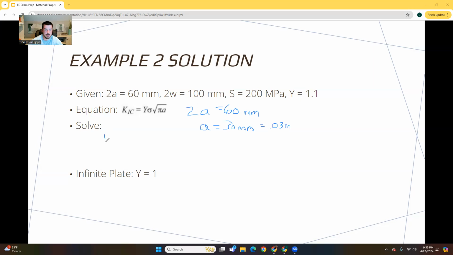So we have K1C is equal to 1.1 times the sigma stress, 200 megapascals, times the square root of pi a, where a is 0.03.